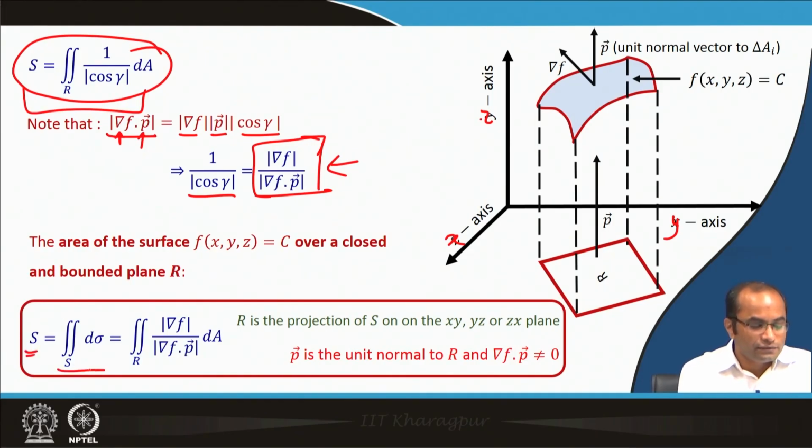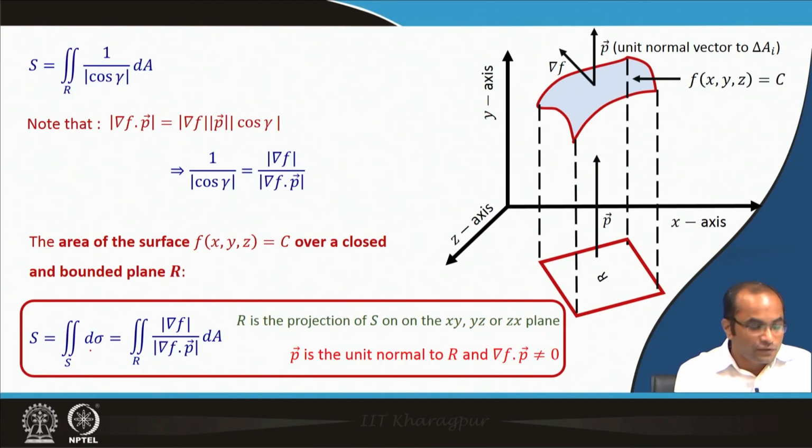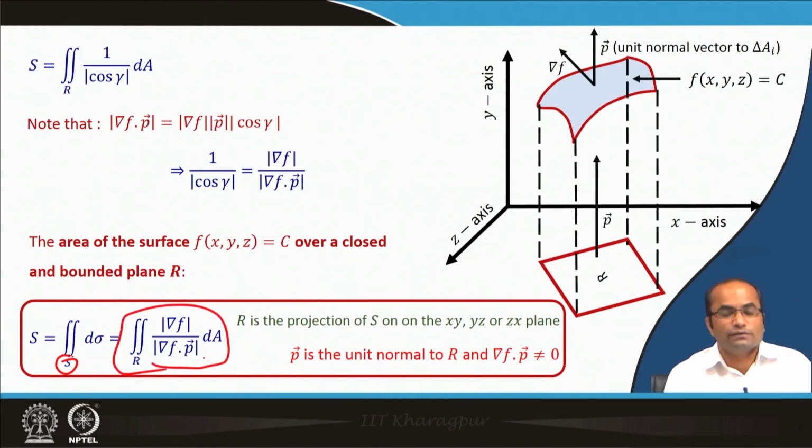This is the element on the surface; we have a differential element on the surface, and then we are integrating on the surface. To evaluate this, we simply evaluate this double integral, and this r is the projected area, the projection of this surface on one of the coordinate planes.